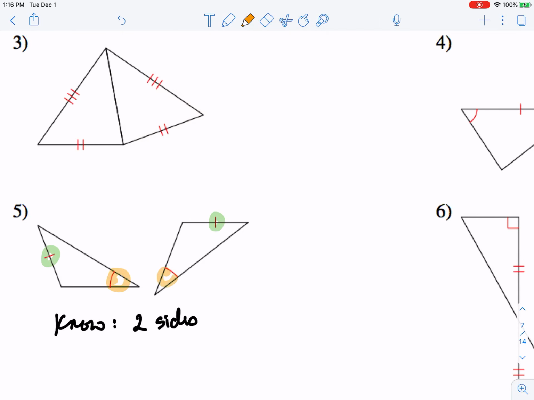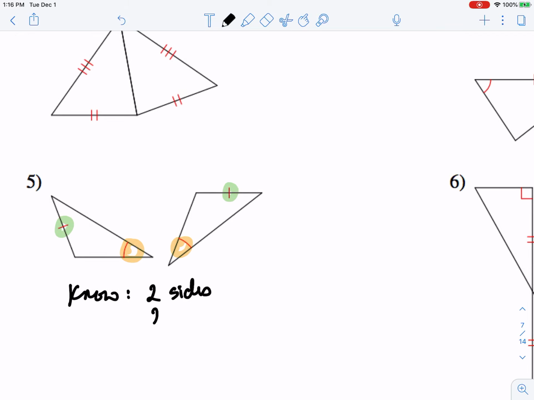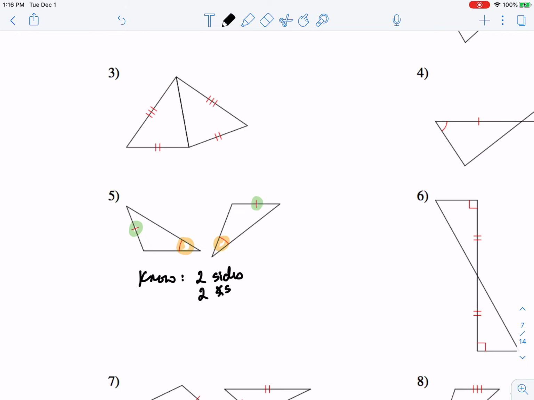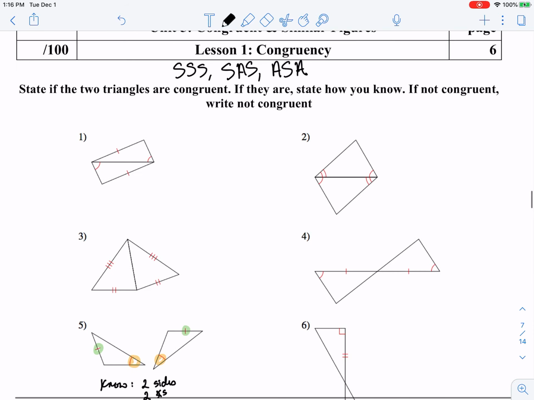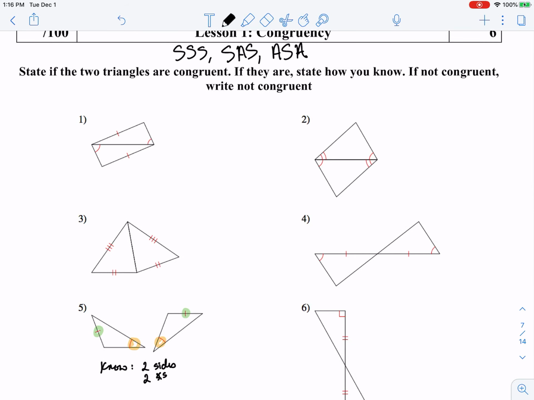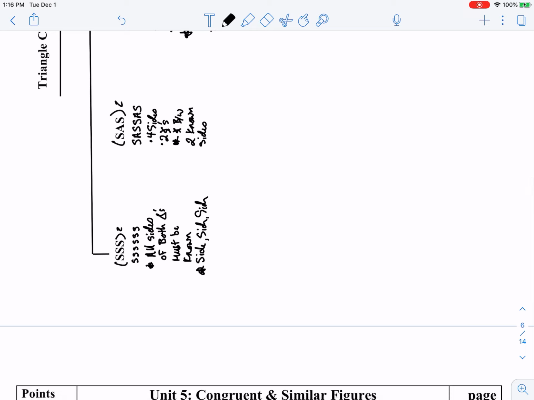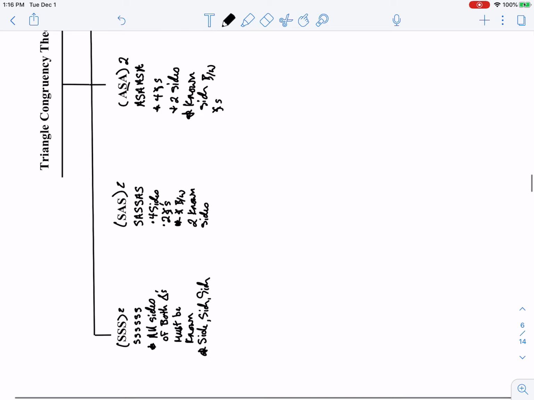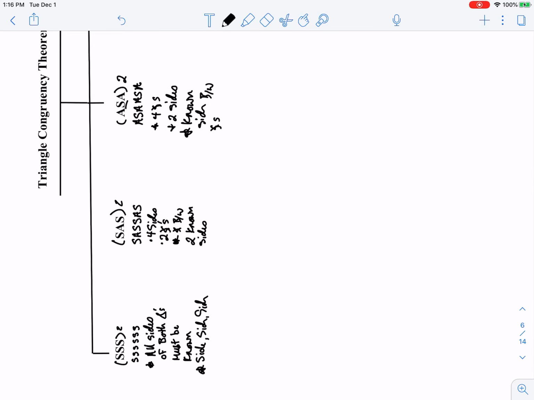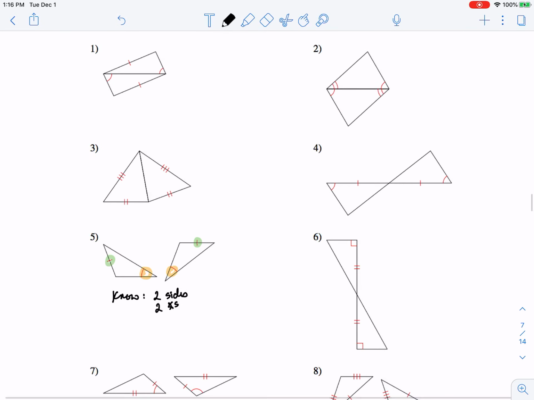And I also know two angles. So by knowing two sides and two angles, can I use side, side, side, side, angle, side, or angle, side, angle? I must know all sides for side, side, side, four sides and two angles for side, angle, side, and four angles and two sides for angle, side, angle. So number 5, I can't use any of the 3 we looked at today. That doesn't mean that they're not congruent yet. We'll come back and look at this one again tomorrow.